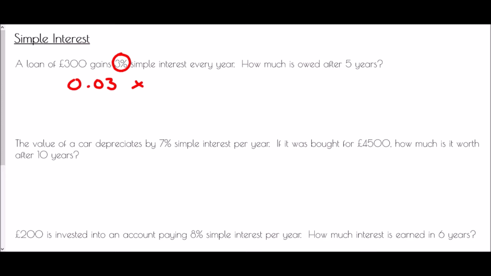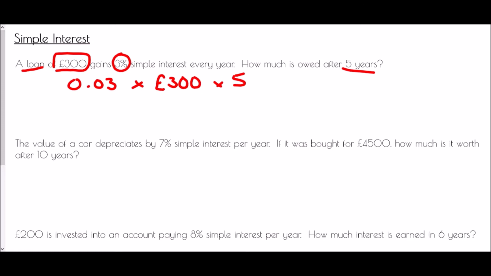Now again, this one's actually a loan. So the investment is actually the amount of money that we owe to somebody, which is £300. And then we need to multiply it by the number of years. And so we're looking for at the end of 5 years. And so if we didn't pay anything back on this loan, we would have to pay 0.03 times 300 times 5 in terms of interest.